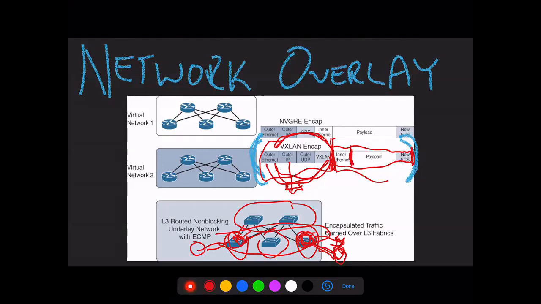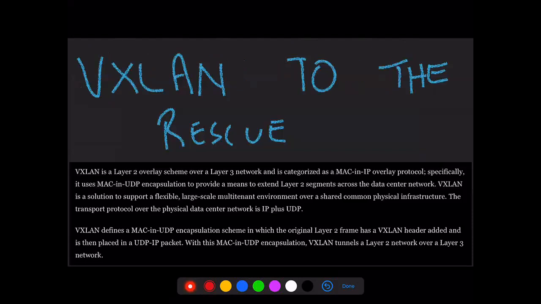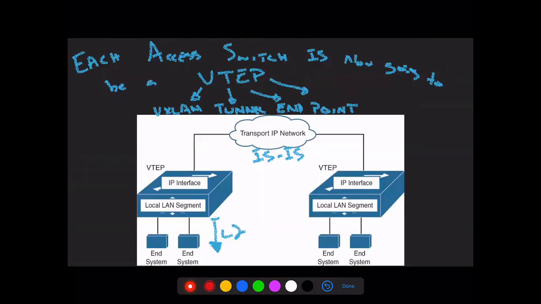The only thing I wanted to point out again is that the default data plane mechanism for VXLAN is flood and learn. If you're scaling out really big, that's not ideal. So we need to have a control plane on top of VXLAN to control that native flood and learn.